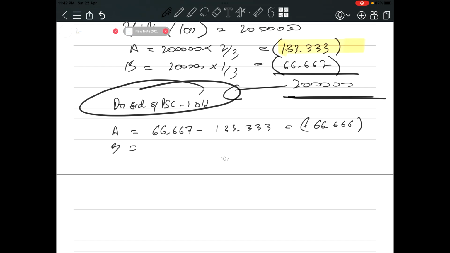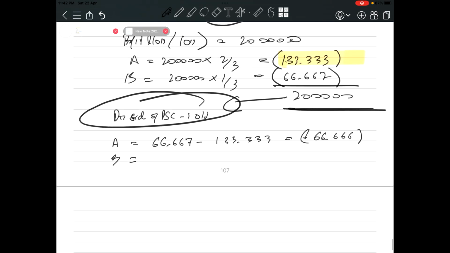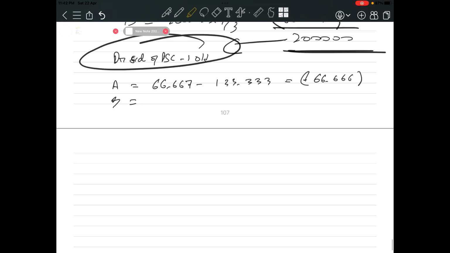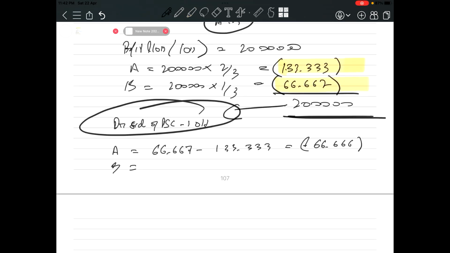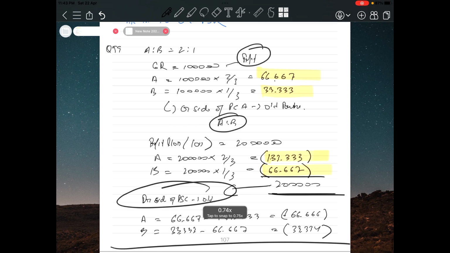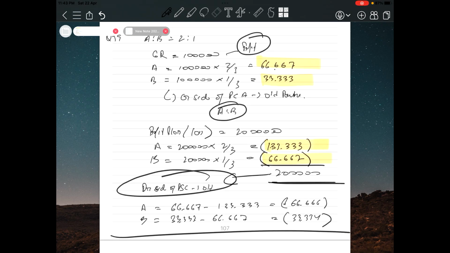Okay, and for B it is 33,333 profit and a loss of 66,667. So 33,333 minus 66,667. So loss of 33,334. Okay, so this will be your final answer. Okay, if you want you can copy this down.